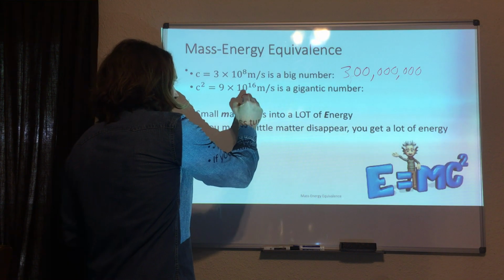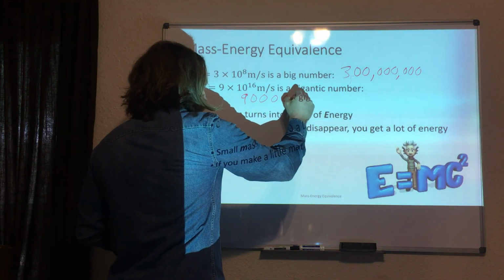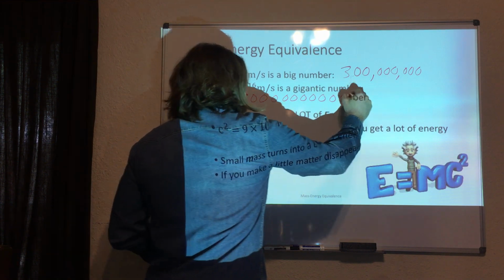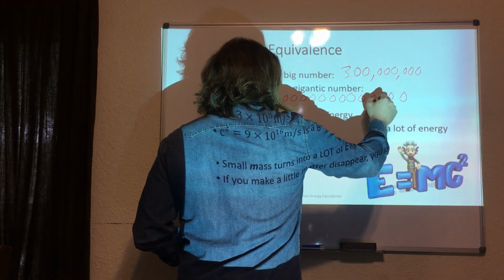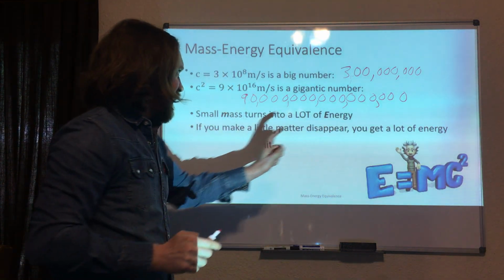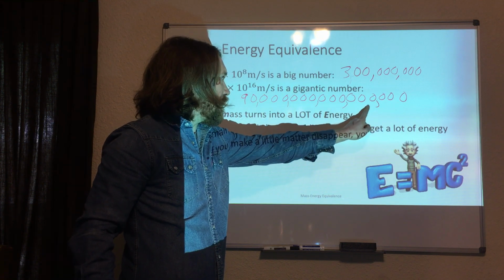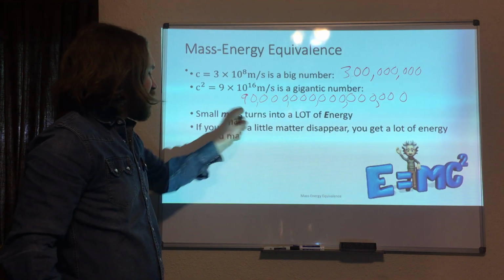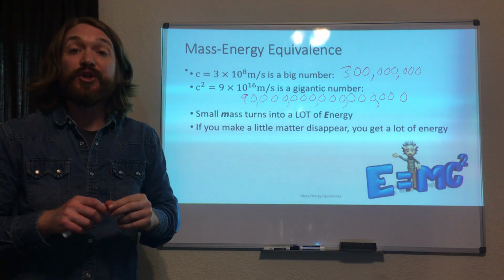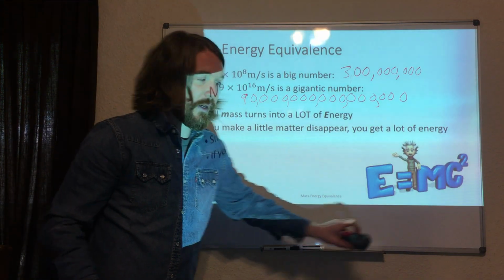It's a 9 followed by 16 zeros. 1, 2, 3, 4, 5, 6... 16, which gives us boom, boom, boom, boom, boom. We have thousands, millions, billions, trillions. This is 90 quadrillion is that number. It's a number so big that you probably rarely even say it, okay?